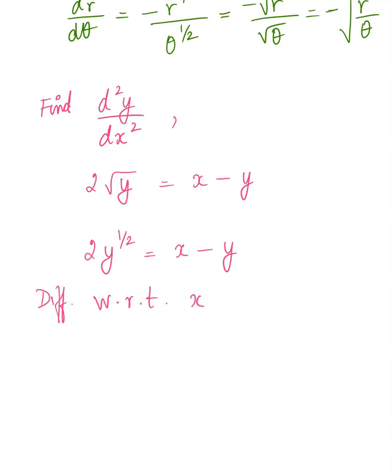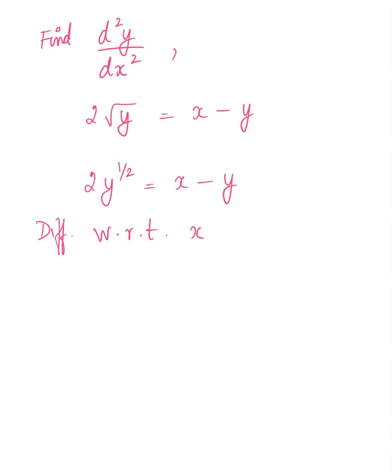When you do the differentiation the first time, you obviously get the first derivative. So 2 times half y power half minus 1 times, of course, remember the chain rule, dy over dx, because y is a function of x, equals derivative of x is 1 minus derivative of y is dy over dx.